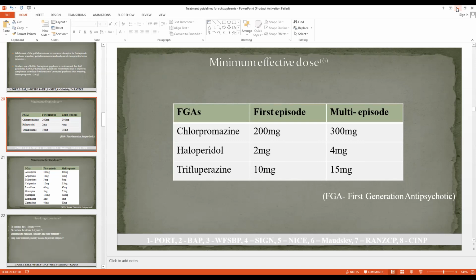This is actually very interesting. Why do you want to do this? Even LFTs, even renal function.